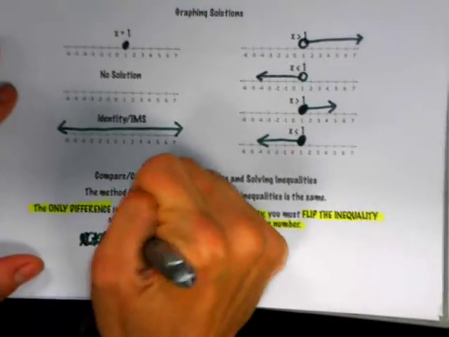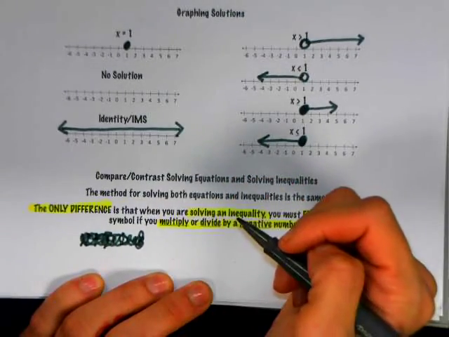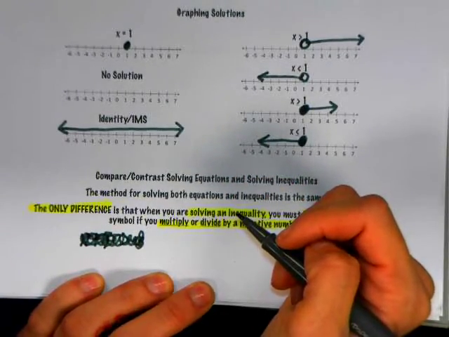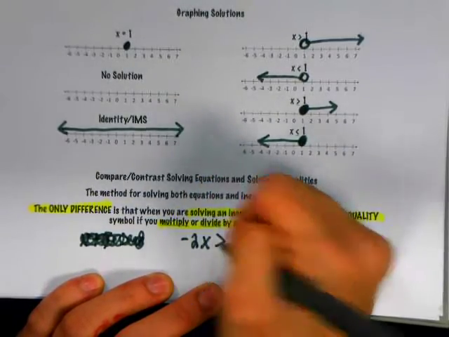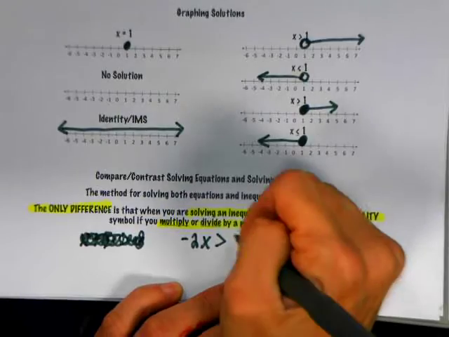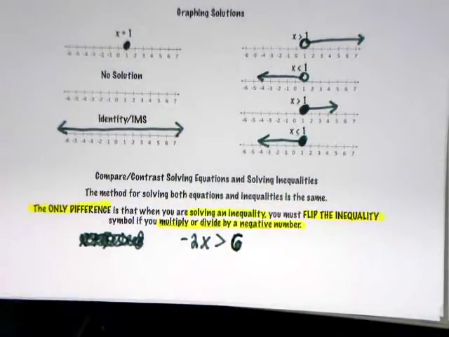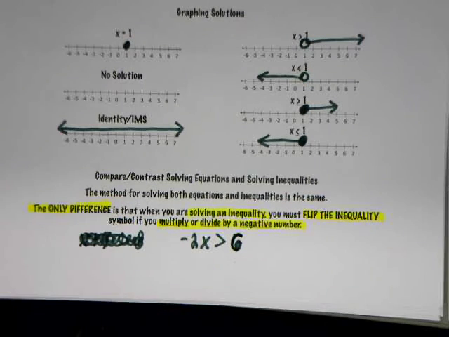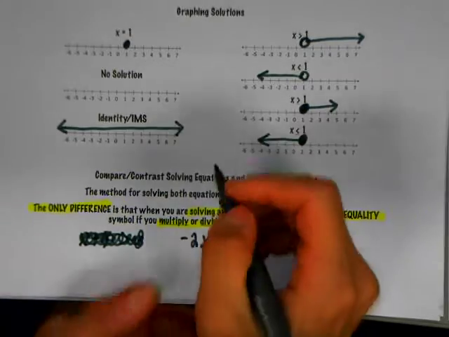Forget that, because then I'm not going to be able to show you the difference. Okay, so we'll do a multiply one. So if I do -2 times x has to be bigger than 5. No, let's do 6. Okay? So -2 times x has to be bigger than 6. So give me a number for x that would work, then when I multiply by -2, it's going to give me something that's bigger than 6.